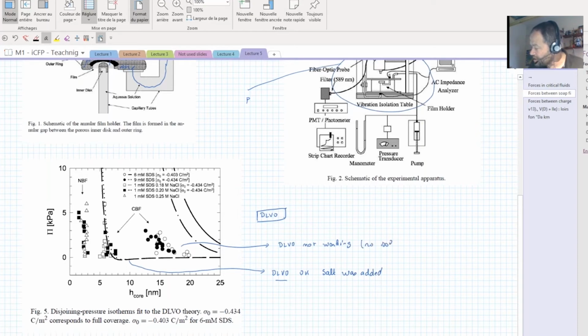But one of the reasons for that is that, well, SDS is already a salt, so it's quite difficult to know exactly the concentration of salt, so it is really difficult to know rho zero with low salt concentration.